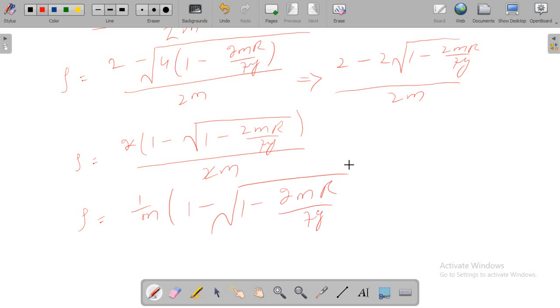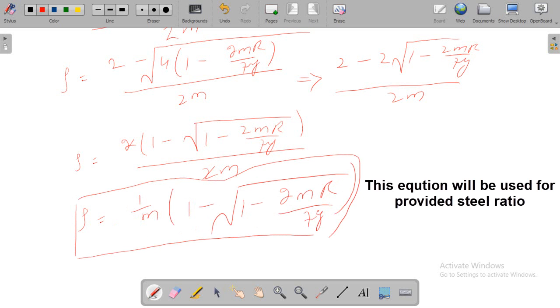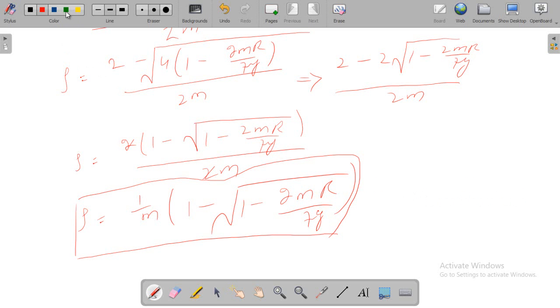So this is the equation which is used for the determination of area of steel. One of the most important equations. You have to mark this as equation 2, because we will use this equation in our calculation, so you must remember it.